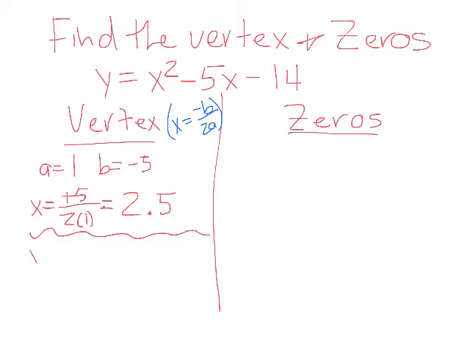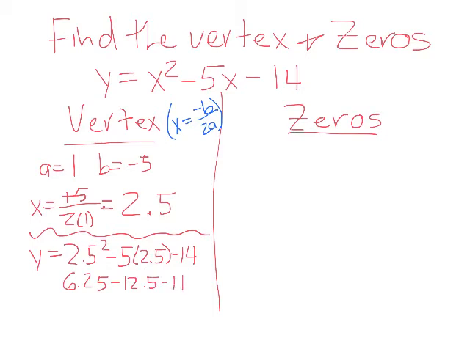So y equals 2.5 squared minus 5 times 2.5 minus 14. So 2.5 squared is 6.25. Negative 5 times 2.5 would be negative 12.5.